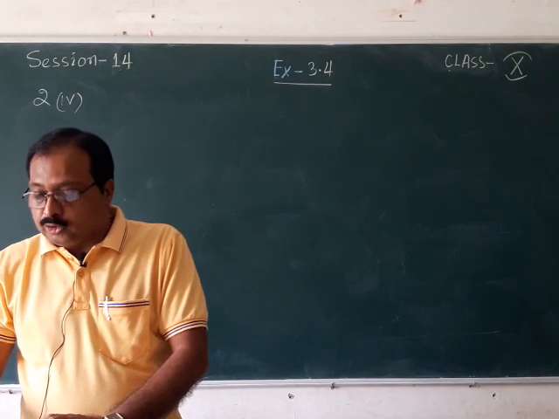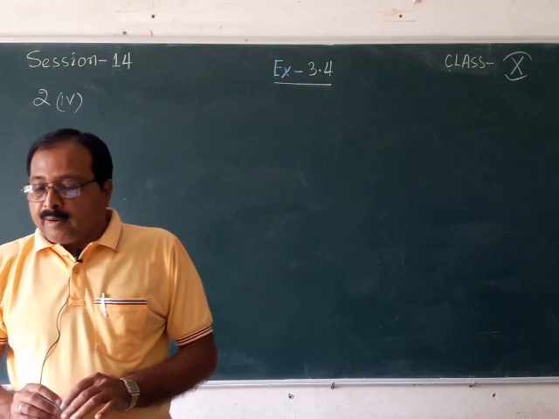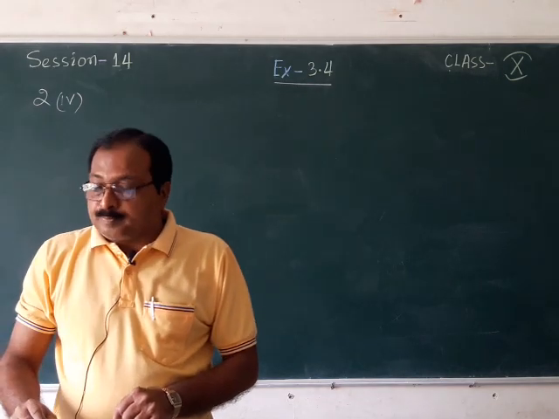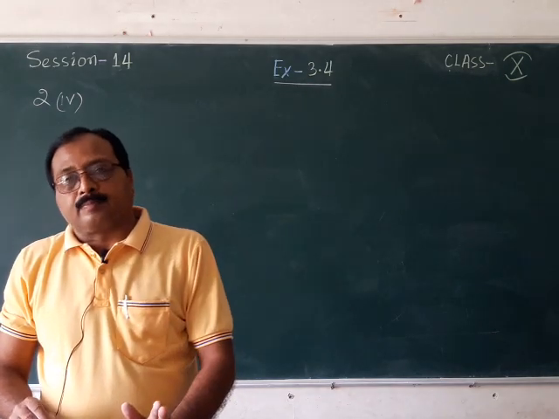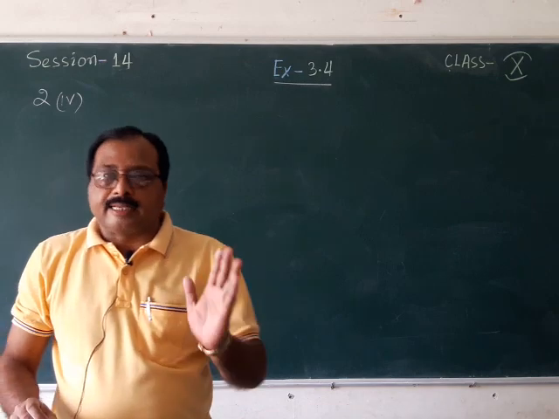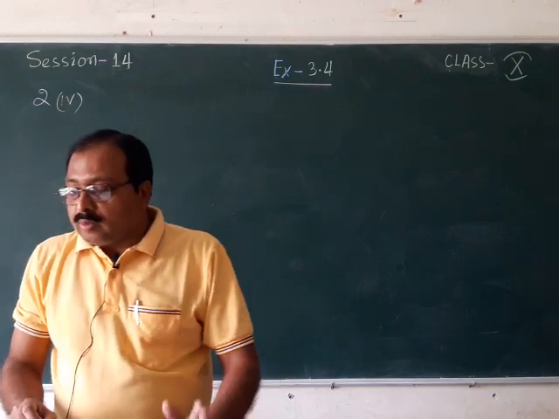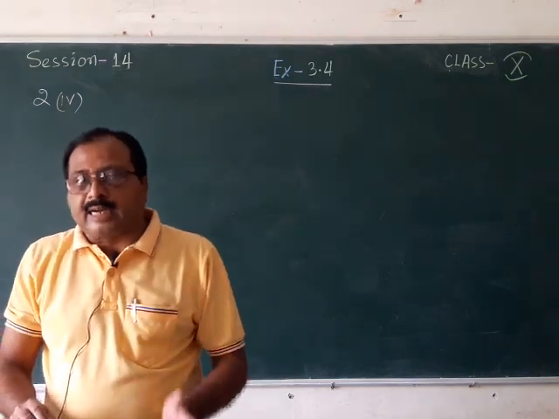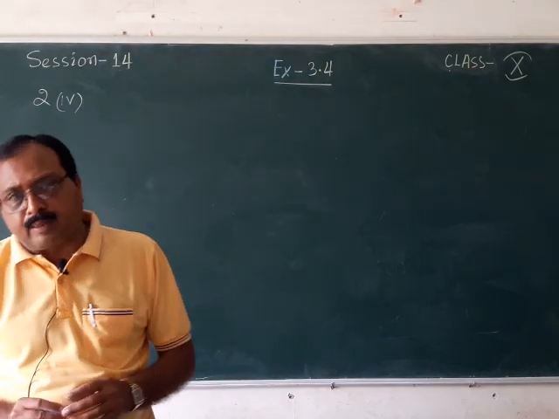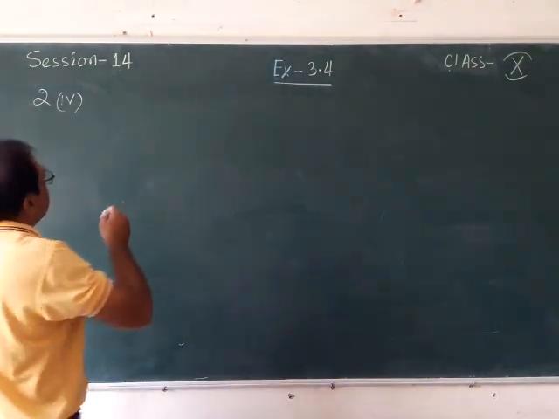Here, look at the question. The number of notes of rupees 50, I can take as x, and the number of notes of rupees 100, I can take as y, and we can frame the equation. So let us see.